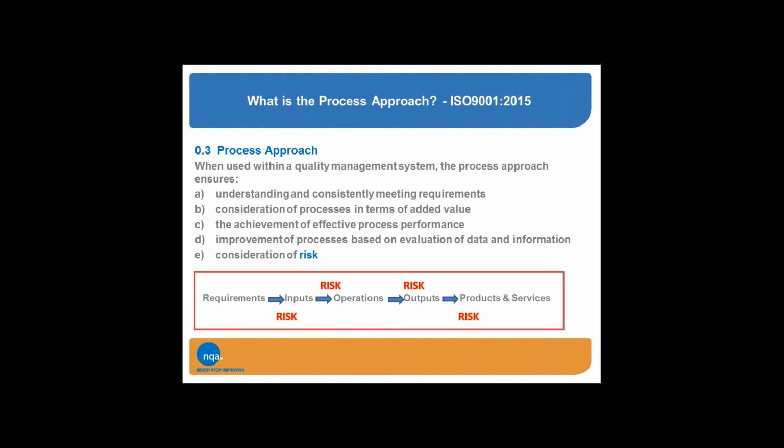And just very simply, we have the diagram here, flow chart. Again, many of you will be familiar with the fact that we have requirements which become inputs. We have our operations. We have outputs from those operations, and ultimately those outputs may well feed into other processes, and ultimately we have our final outputs, our products and services.